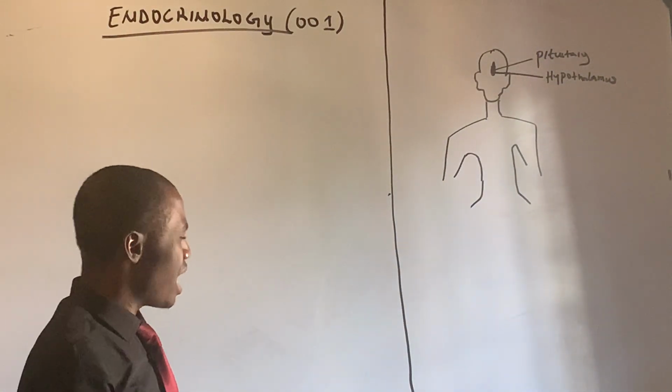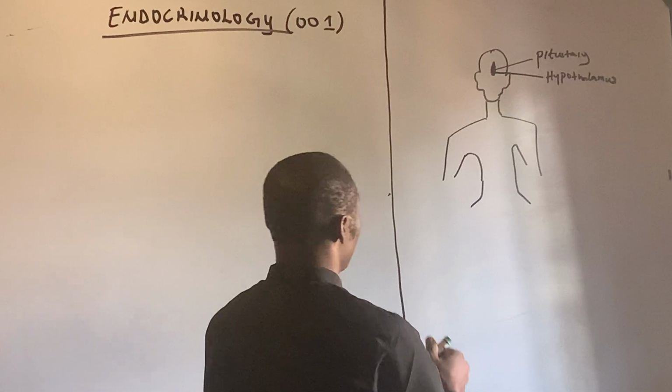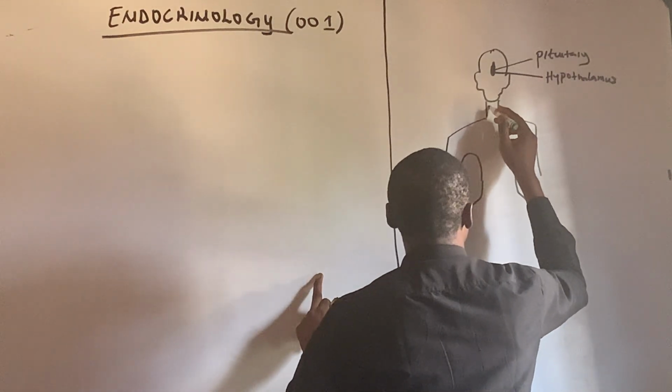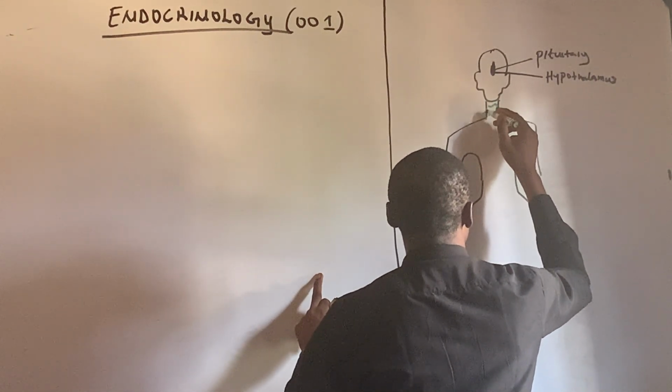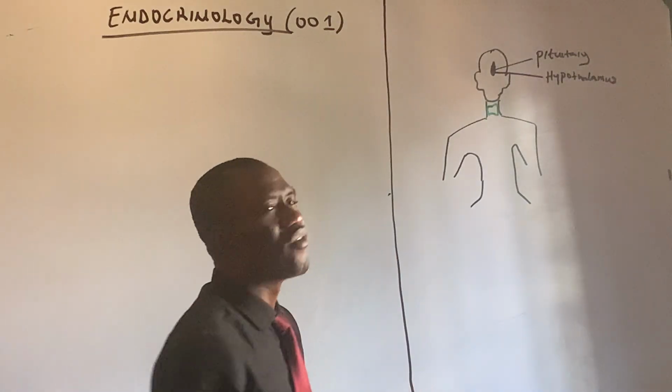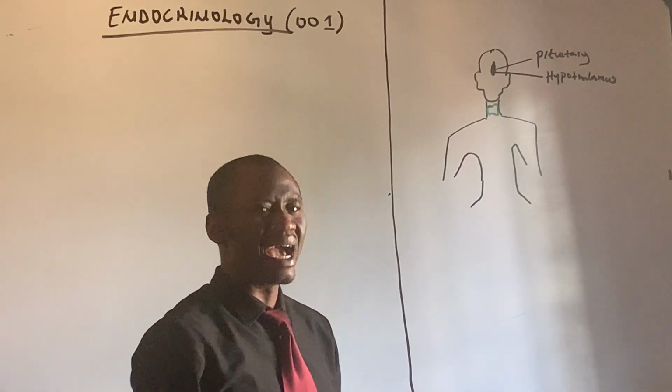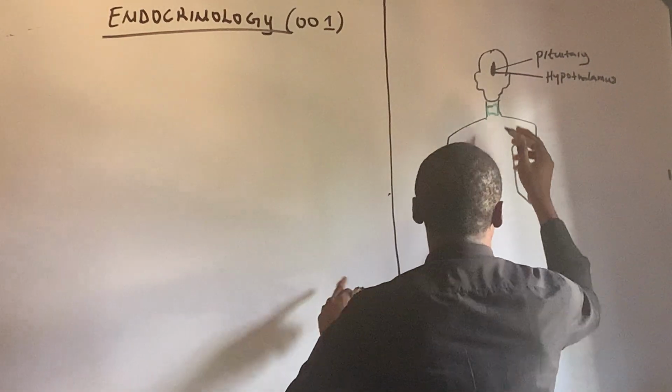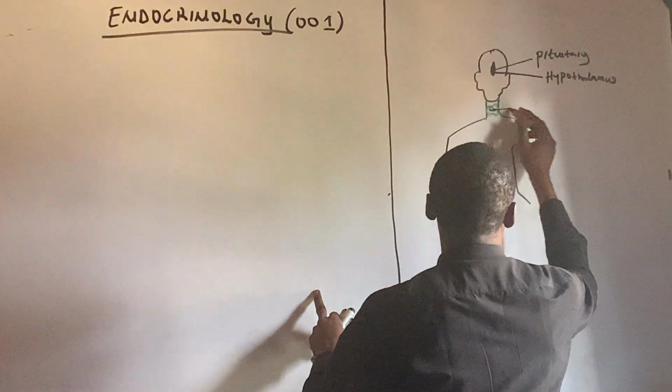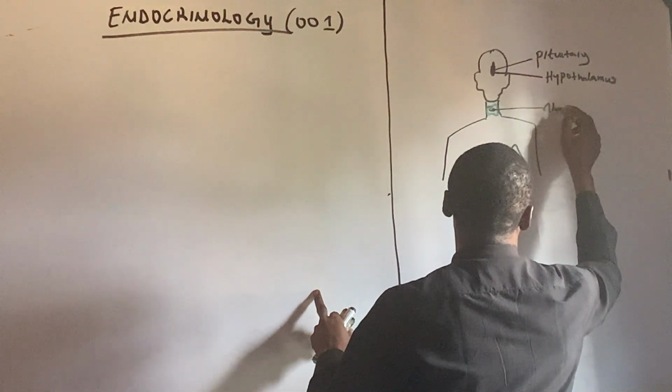At the neck region, we have the thyroid gland. So here, over here, is the thyroid gland.